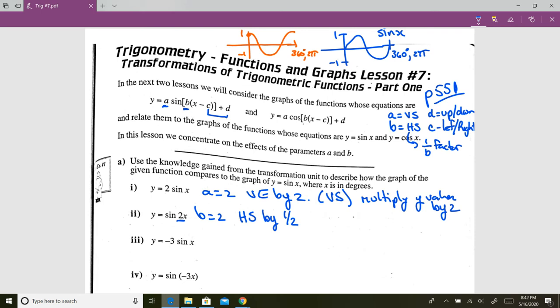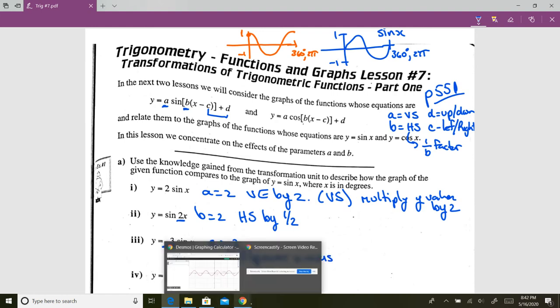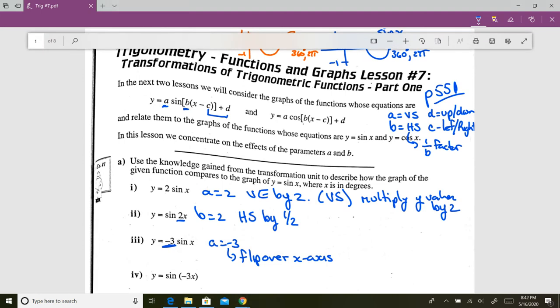This -3 here. So our a value is -3. The negative is a flip over the x-axis, and the 3 is a vertical stretch by 3.